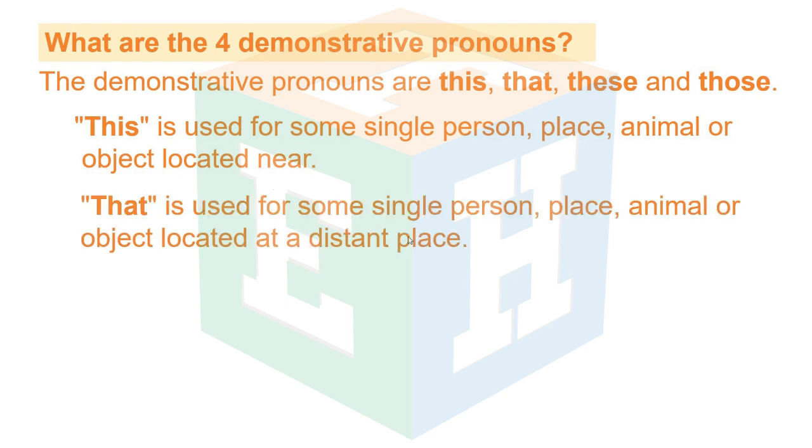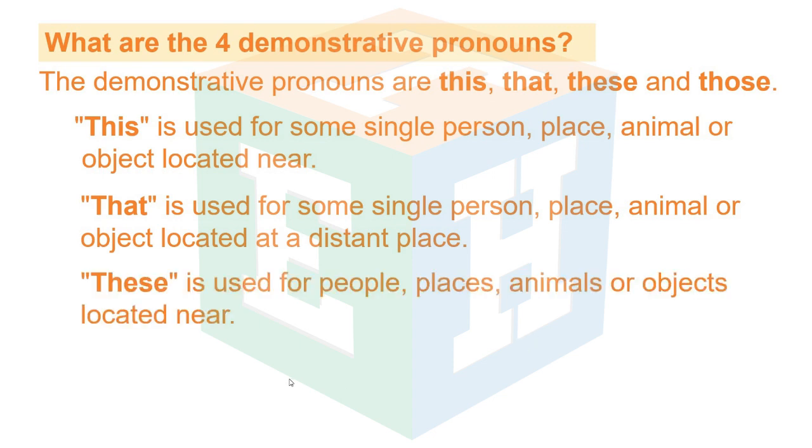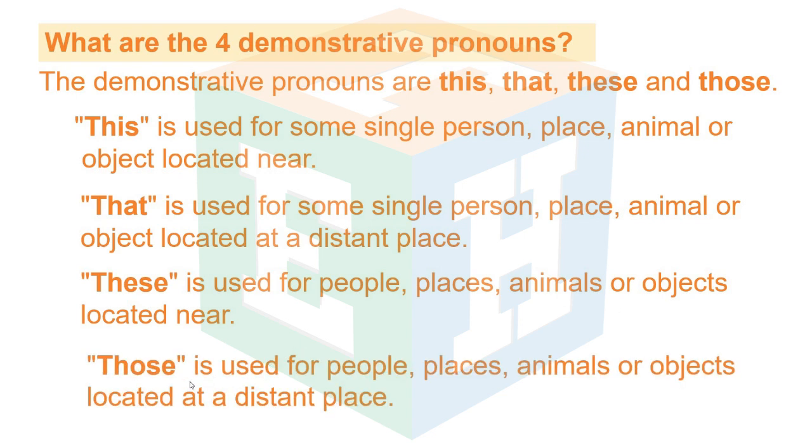That is used for a single person, place, animal, or object located at a distant place. These is used for people, places, animals, or objects located near. Those is used for people, places, animals, or objects located at a distant place.